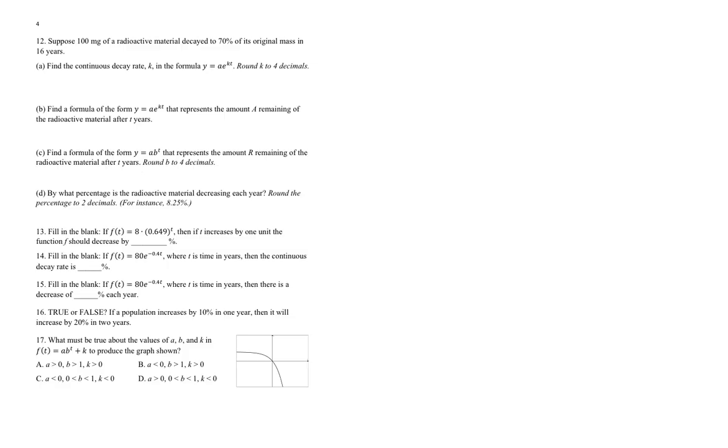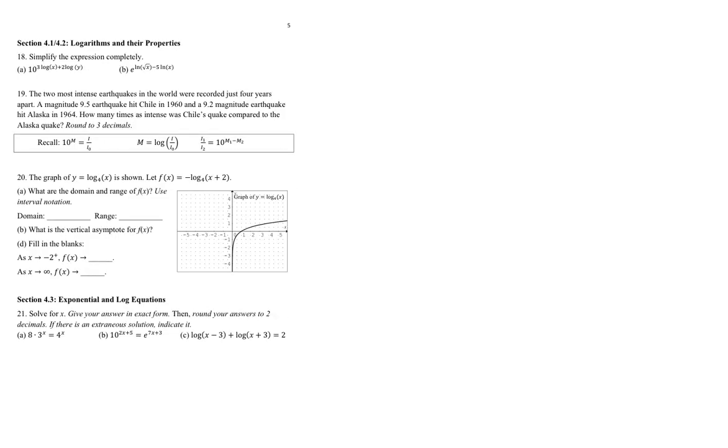Okay, and then if we go over to B, notice that this is the same as A, but we just have little a is less than 0. So if little a is less than 0, little a is negative. So this would correspond to a reflection across the x-axis. And I think that would produce exactly the graph that we see here. So our answer should be B.